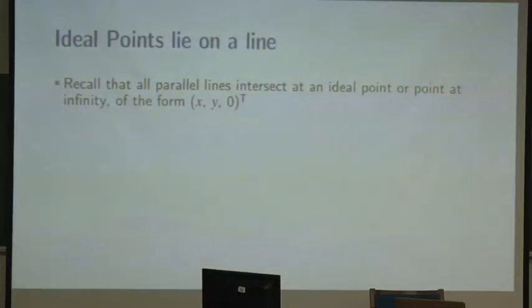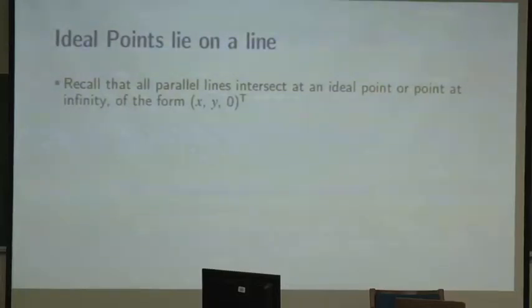So I said maybe the ideal points surround the whole Cartesian plane. But it turns out that there is a flaw in that picture. The ideal points actually lie on a line. The set of all ideal points lies on a line itself. Do you understand the confusion here?